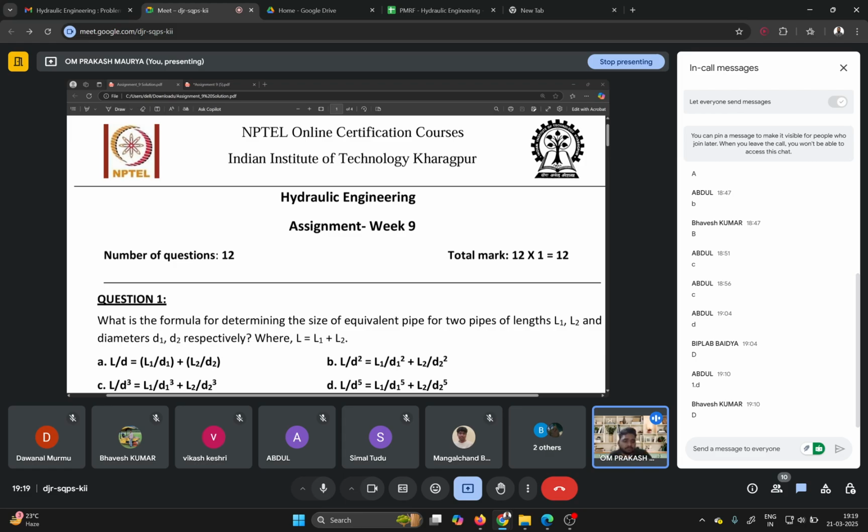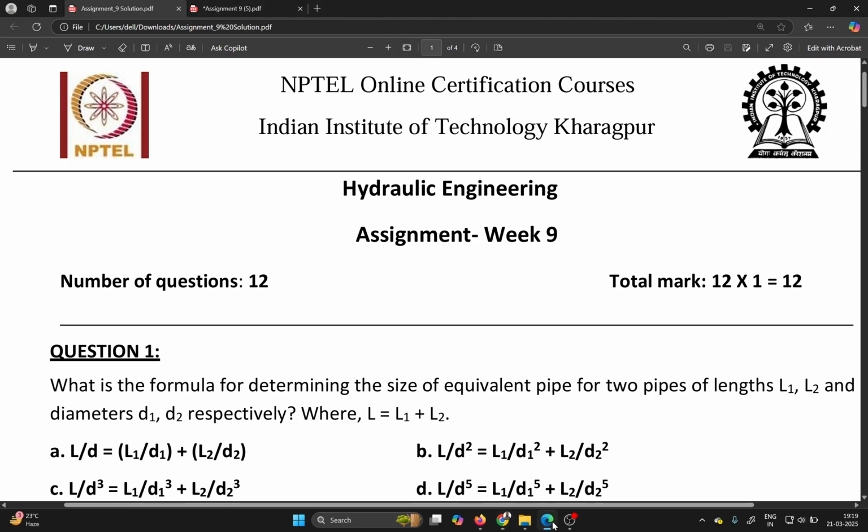So here let me just discuss. Here L is equal to L1 plus L2, given. Means what?